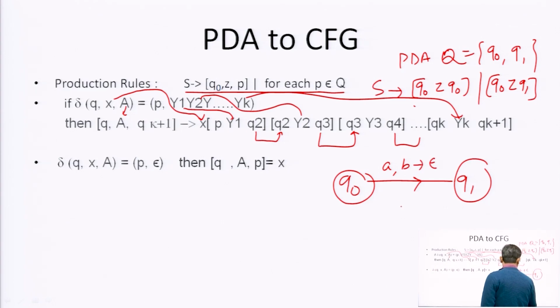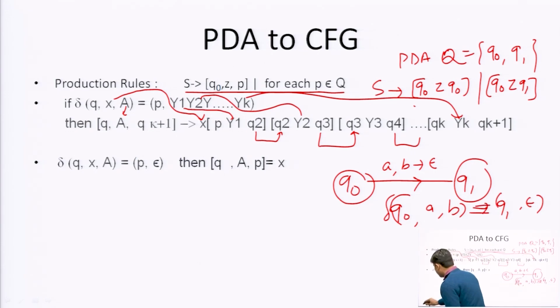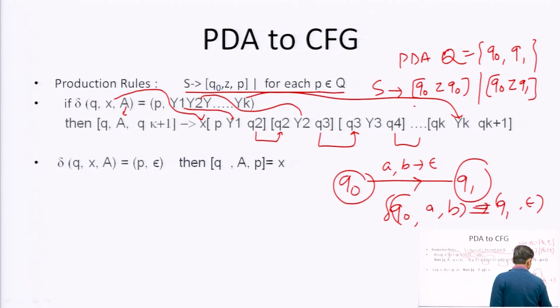So this transition is saying that from Q0, with input A and stack top B, we go to Q1 with epsilon. Here we pop the B from the stack, pop B from the stack.